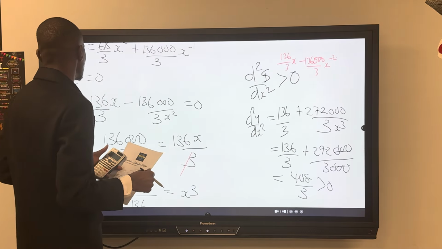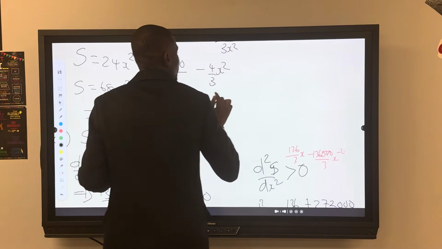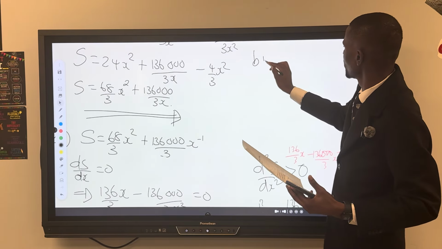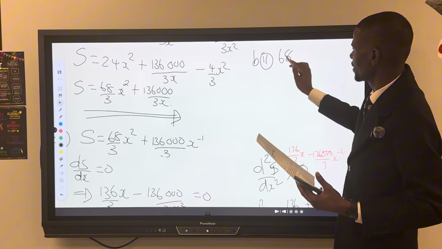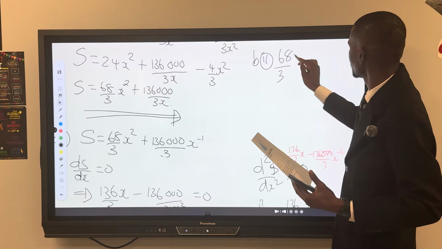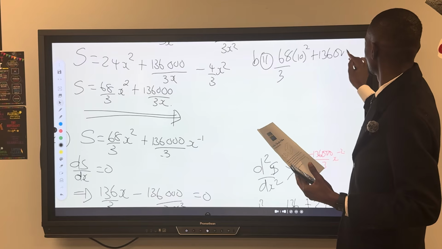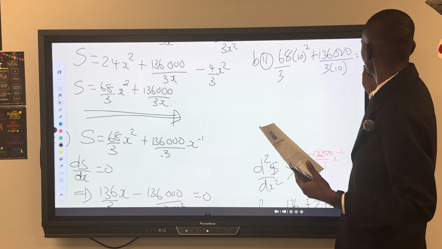Now we need to calculate that value of s where it's minimum. So we are supposed to go back here. For B item 2, you just have to calculate 68 over 3 times 10 squared plus 136,000 over 3 times 10. That's our s.